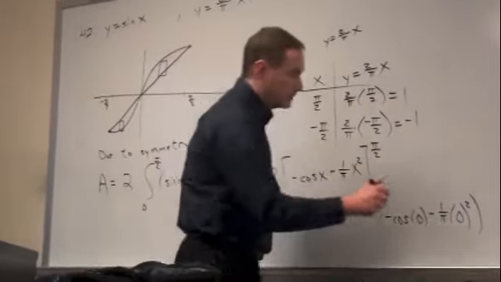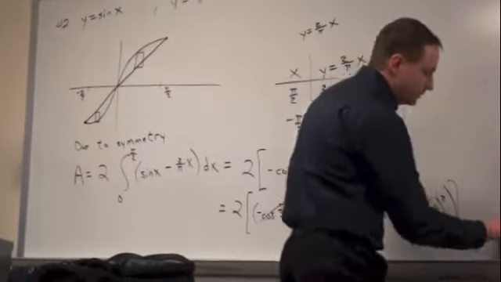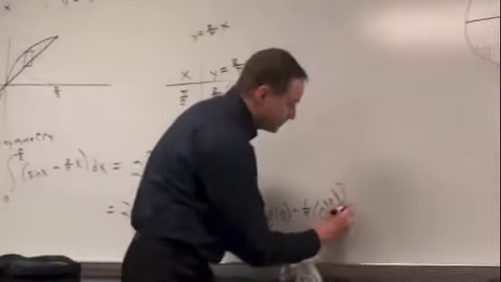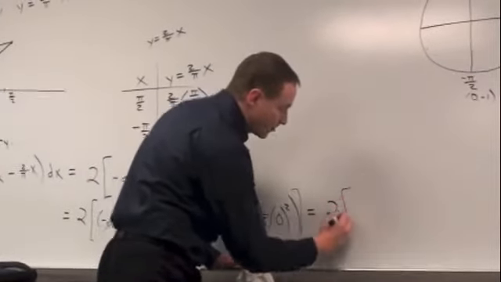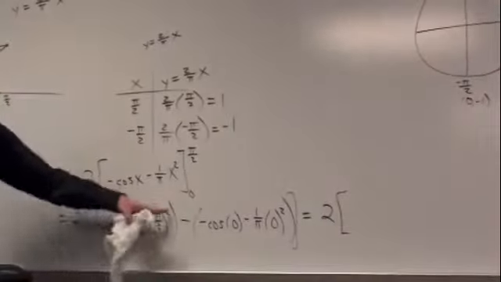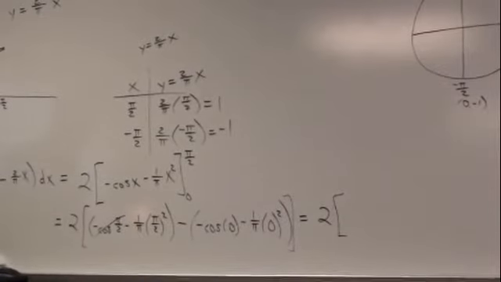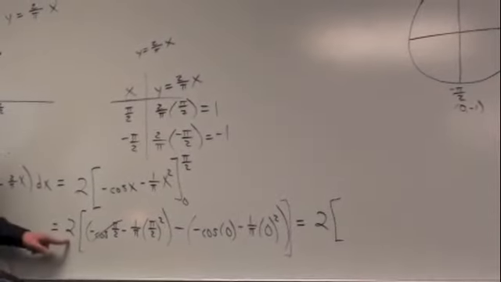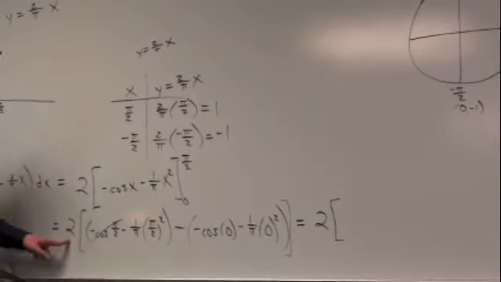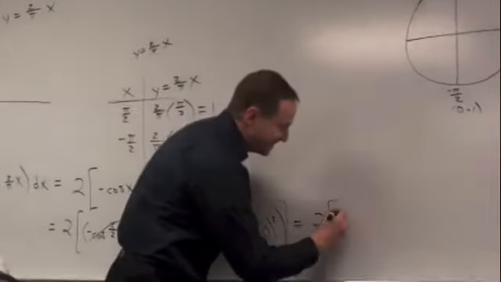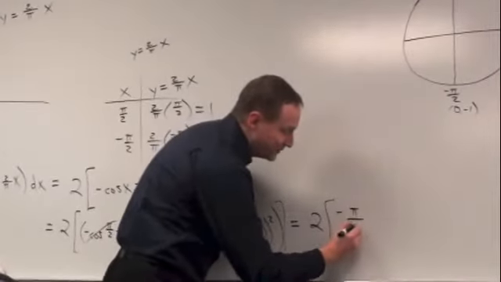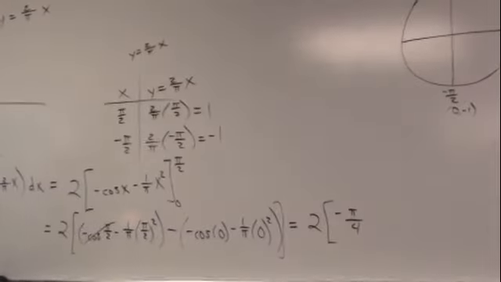So I still have my 2 on the outside that I'll keep. Oh, thank you. Because the 2 is squared. So I still have my 2. I was just thinking going ahead and multiplying by that 2. Negative pi over 4 for that term.